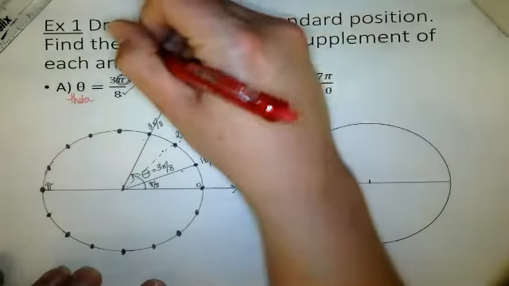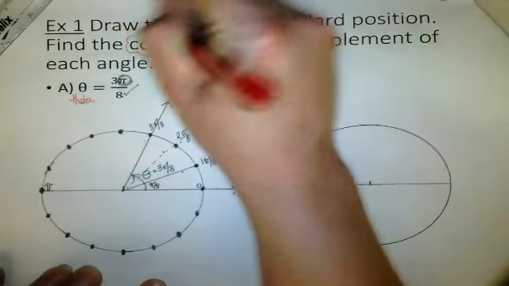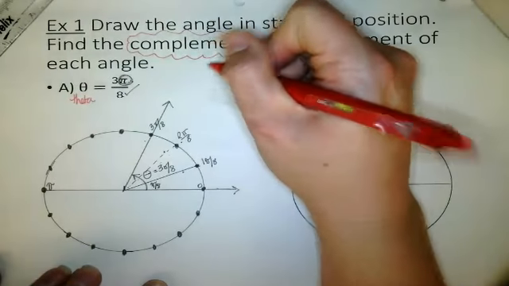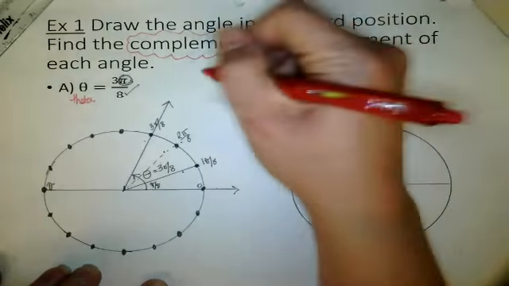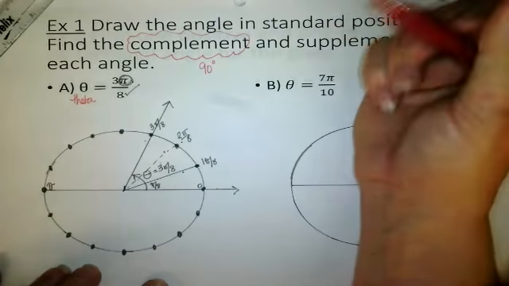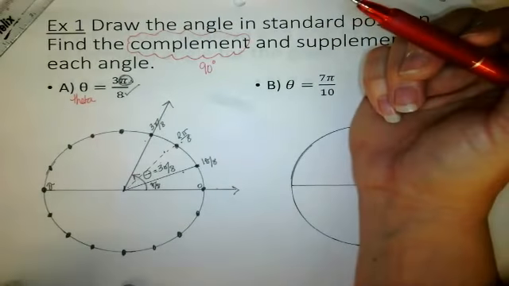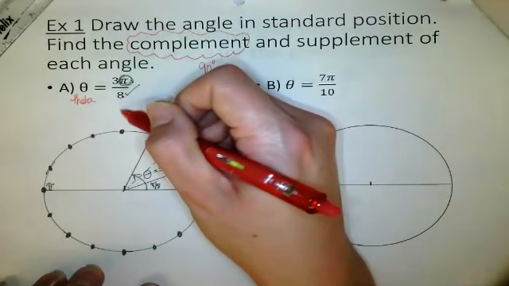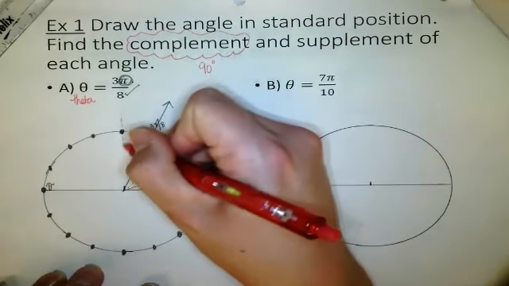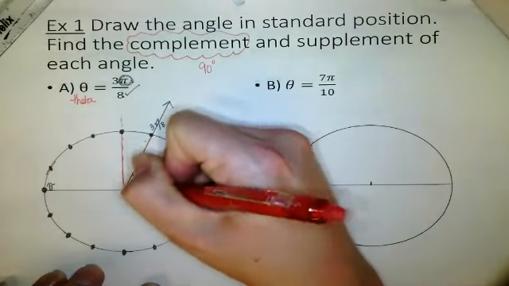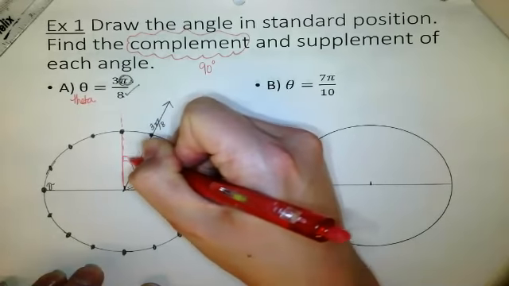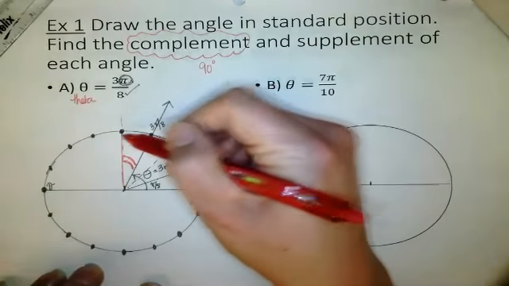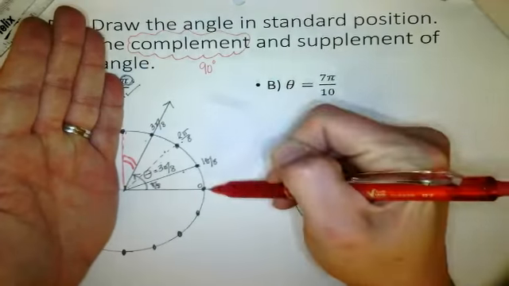We want to find first the complement. What does it mean to be a complement? An angle that adds to 90. So to complete that 90 degree angle. Where's the 90 degree angle? Right here. This little angle in here makes it up to the 90 degrees.